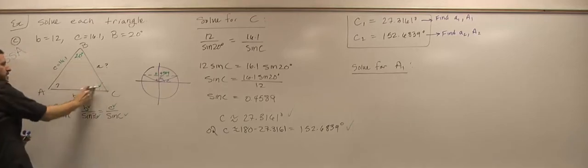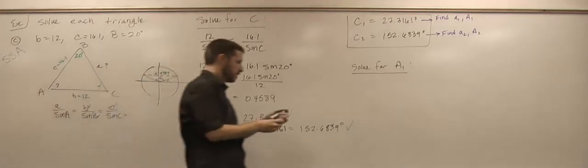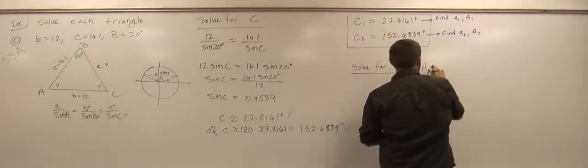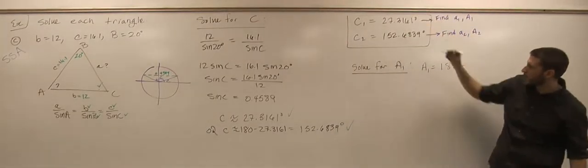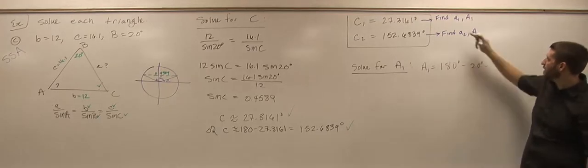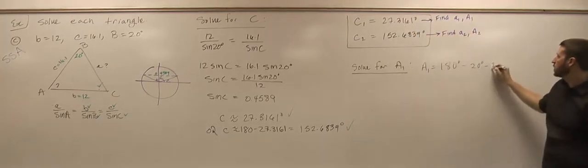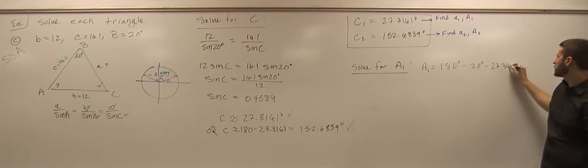You know B, you know C1. So big A1 will equal 180 minus 20 minus big C1, 27.316.